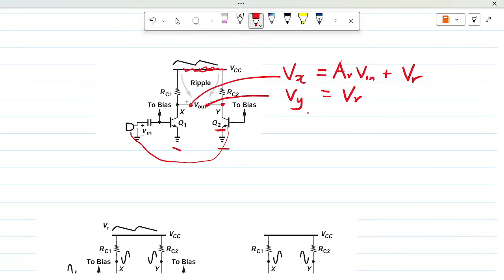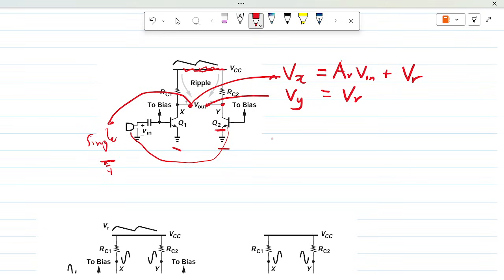In that case, if I find the differential output, unlike single-ended signals, which we take with respect to ground, so if we measure the voltage here with respect to ground, that is a single-ended signal.